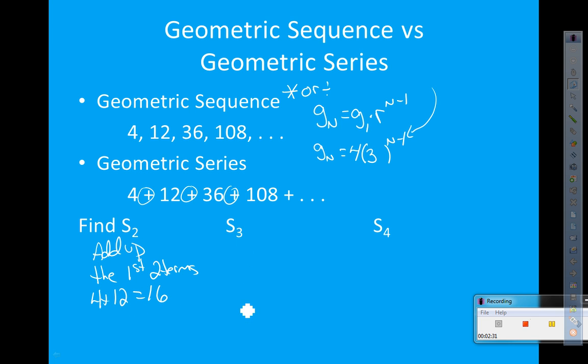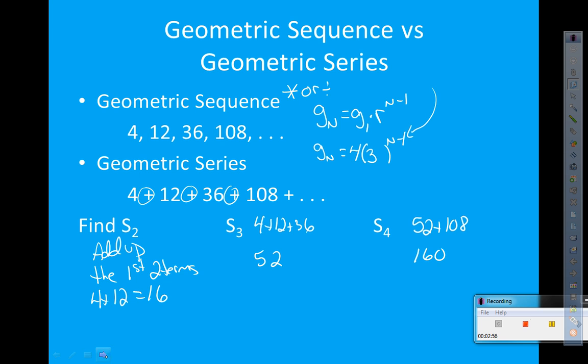S sub 3 would mean I would like for you to go sum up the first three terms. 4 plus 12 plus 36 looks like 52. The sum of the first four terms would be the sum of the first three terms plus the fourth term. So 160. That's like number 1 on your worksheet.